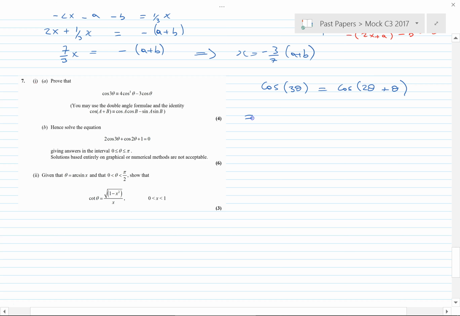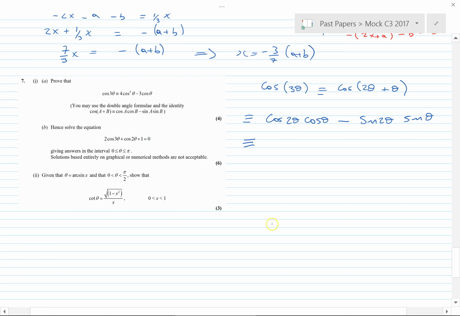Now, using this compound angle formula that they've given us, cos 2 theta cos theta minus sine 2 theta sine theta. Right, now save yourself the trouble.